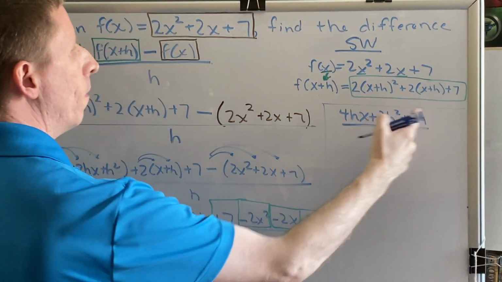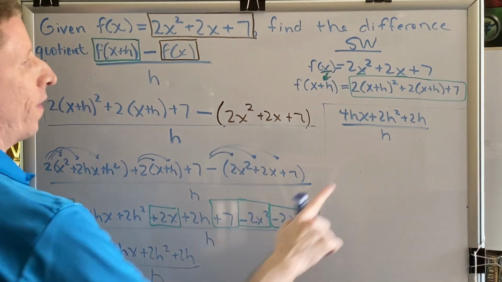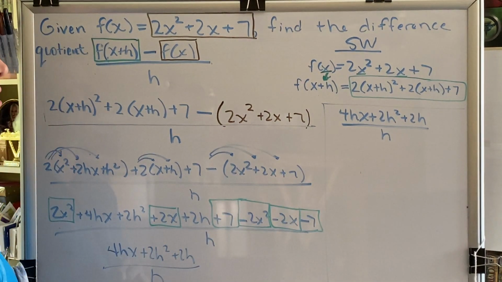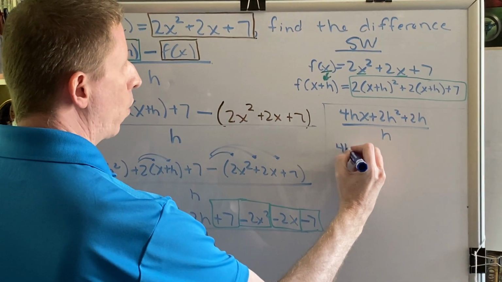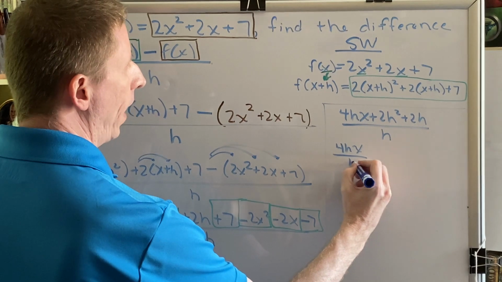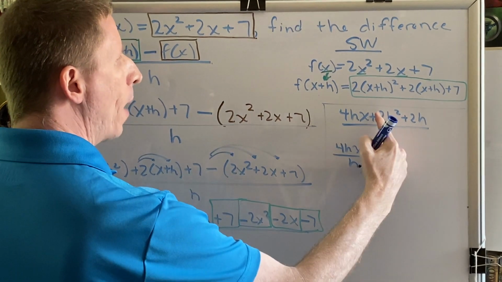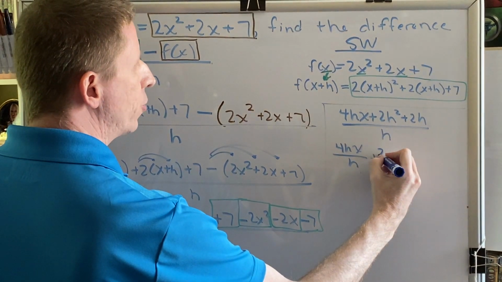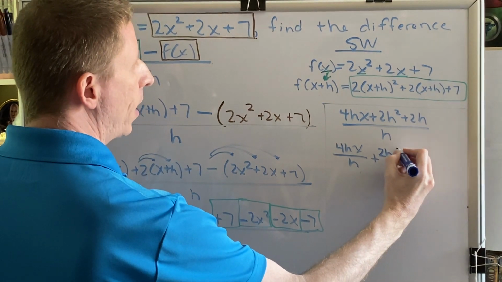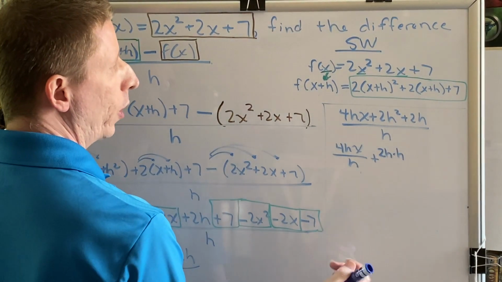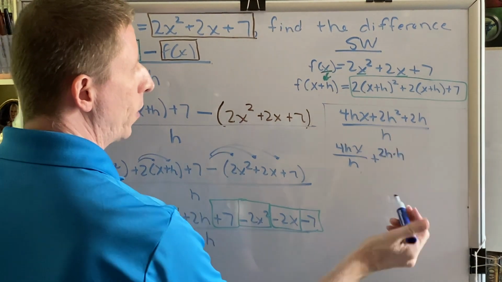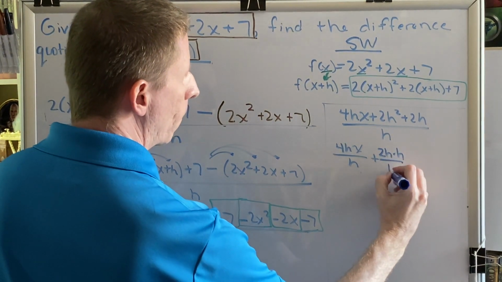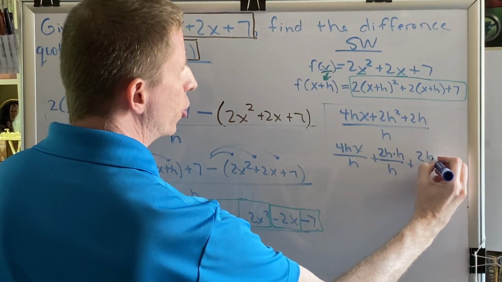When you have multiple terms in a numerator being divided by a single term in the denominator, each term of the numerator gets divided by the single term in the denominator. So this can be written as 4hx over h plus, I'm going to choose to write 2h squared as 2h times h. I think you'll agree with me that this and this are equal. h times h is h squared, times 2 is 2h squared, plus 2h over h.